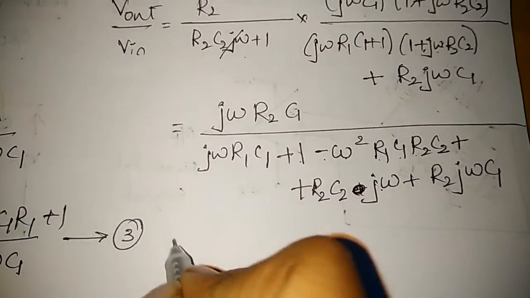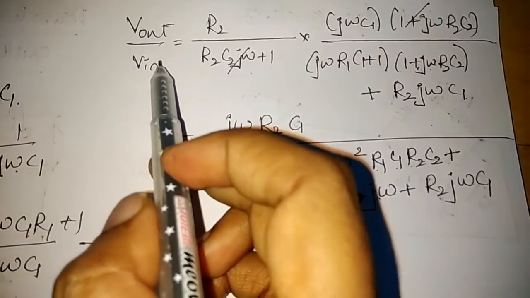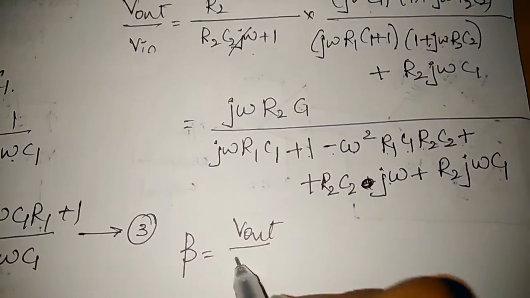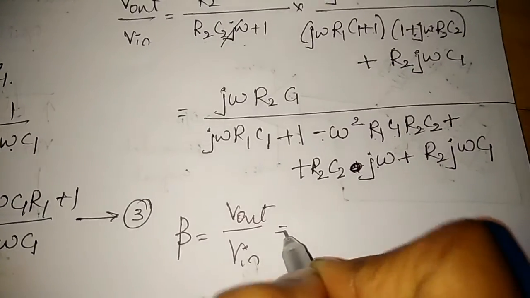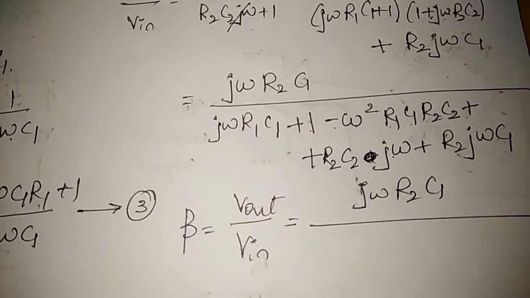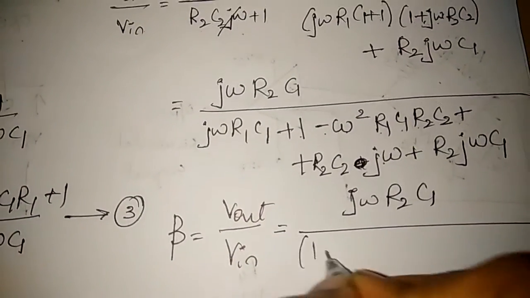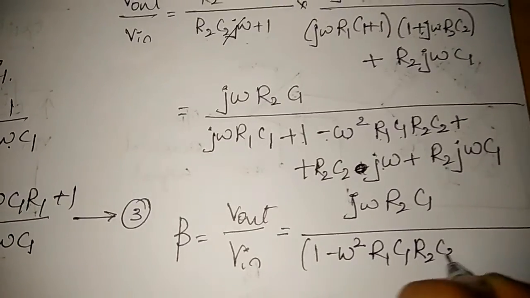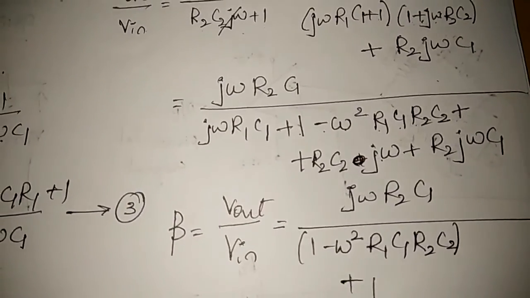So now I'll write beta. This is nothing but your feedback factor, right? So beta, V out divided by V in, will be equal to j omega R2C1 divided by 1 minus omega square R1C1 R2C2 plus j omega.